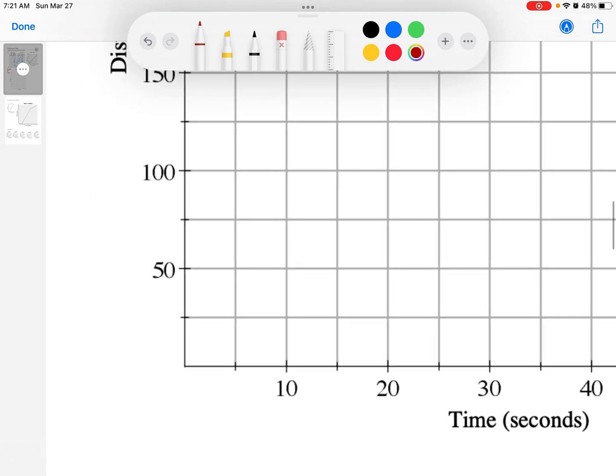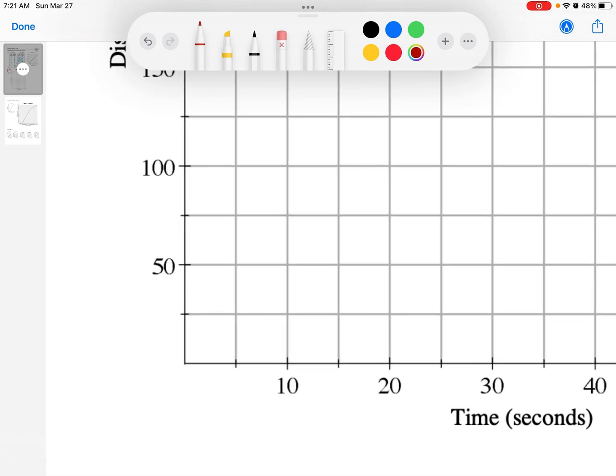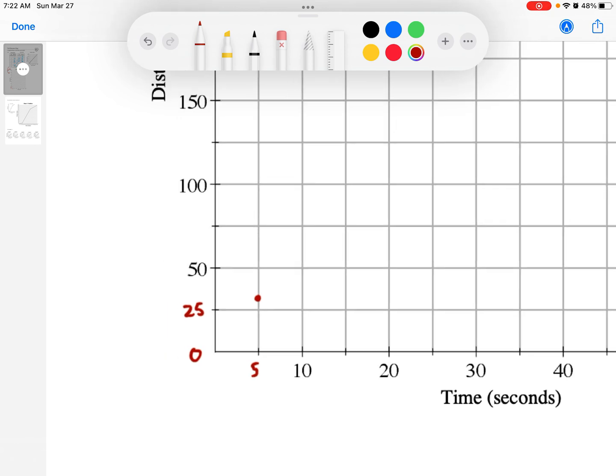So what we're going to do is we're going to go down here to 5 seconds, which is right here. And we're going to do 30 meters. 30 meters is about, let's go with about here, right? Because each one of these has to be 25, 0, 25, 50. So that's that. We'll put that one right there.